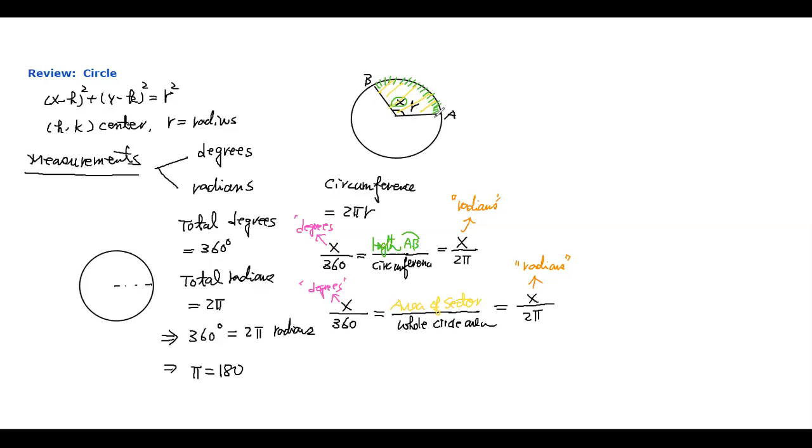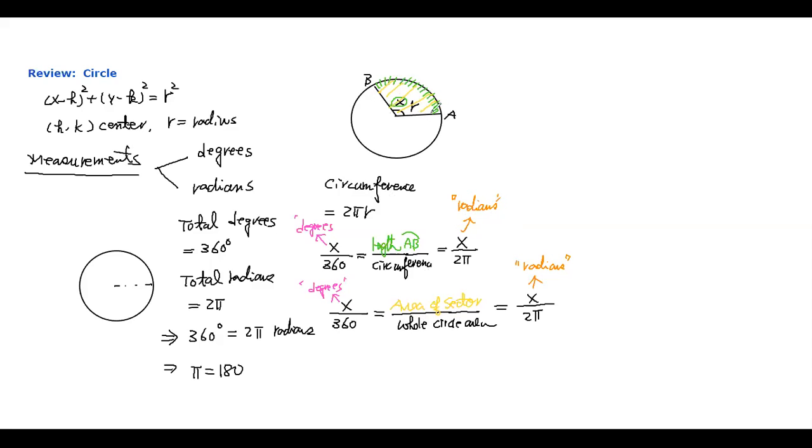Then the arc length will be proportional to the circumference, and the area of this sector is also proportional to the area of the whole circle. That's the whole thing we need to remember.